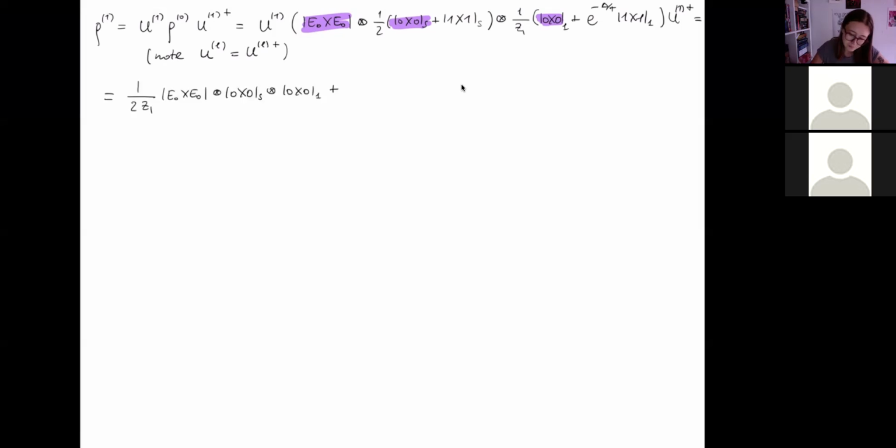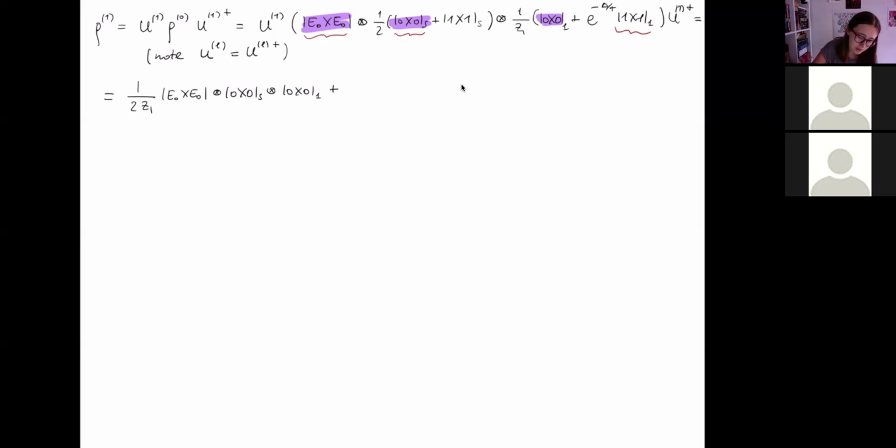Fine. Now let us consider E0, qubit in a state 0, and heat bath in a state 1. This is exactly when the transition happens.